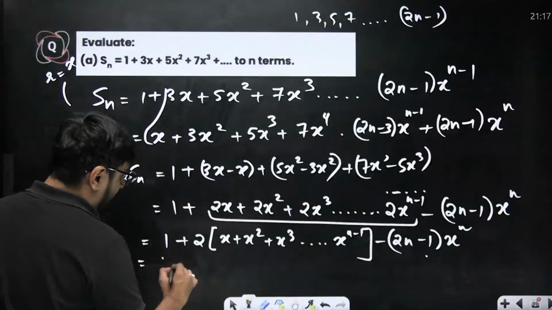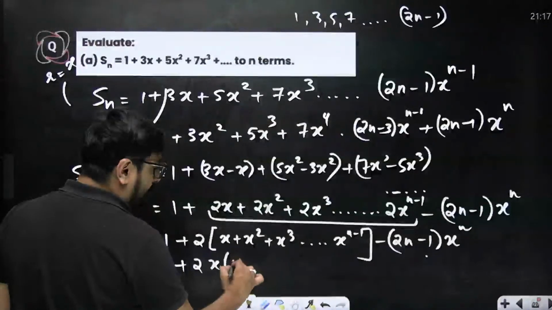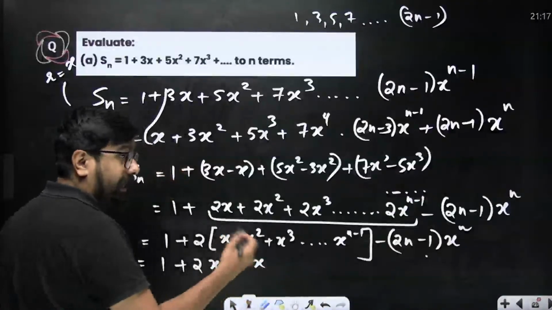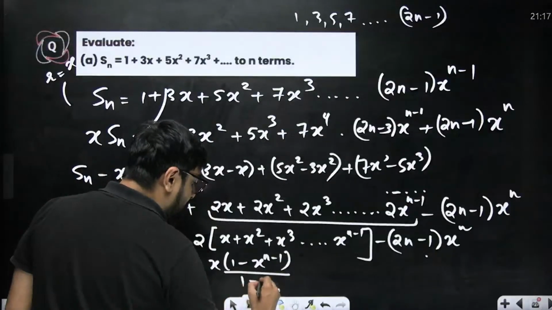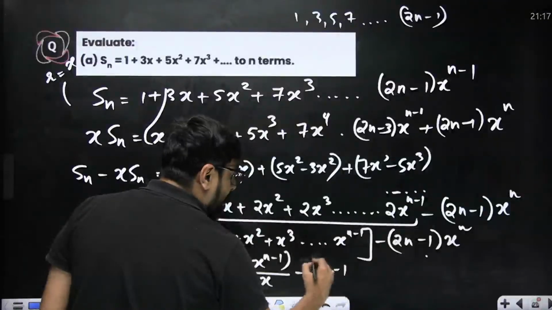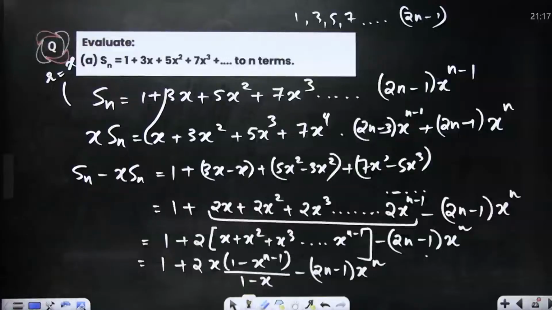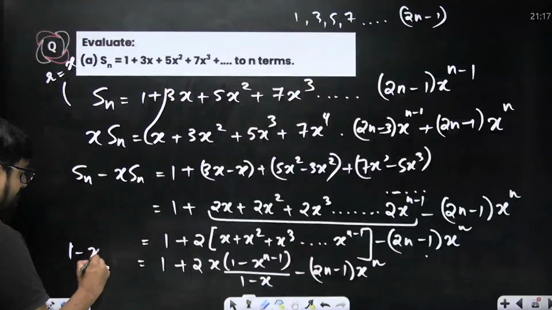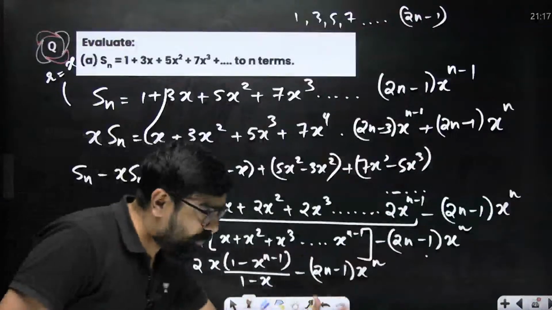We can write it as 1 plus 2 into a is x into 1 minus r to the power n. r is what? x. 1 minus x to the power, how many terms are there? n minus 1 terms are there. Right? Divided by 1 minus x. Okay. Minus 2n minus 1 into x to the power n. This is your x, this is 1 minus x multiplied with Sn. And now this 1 minus x we can shift over here.